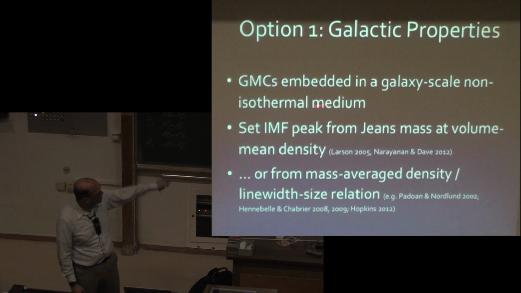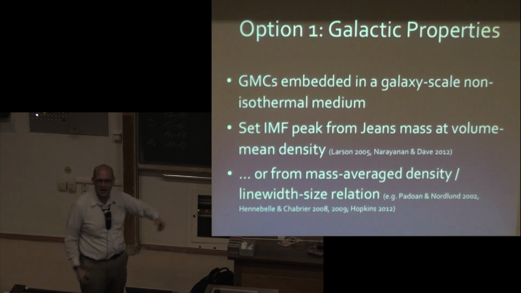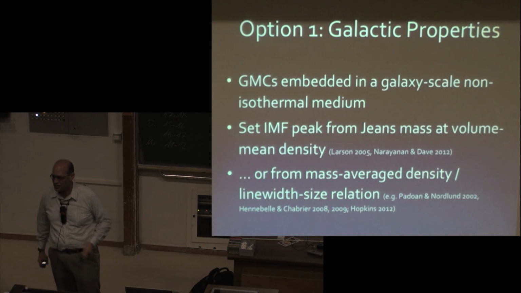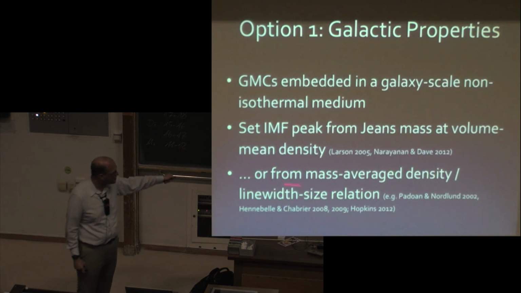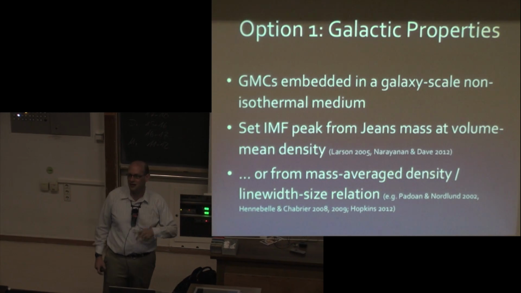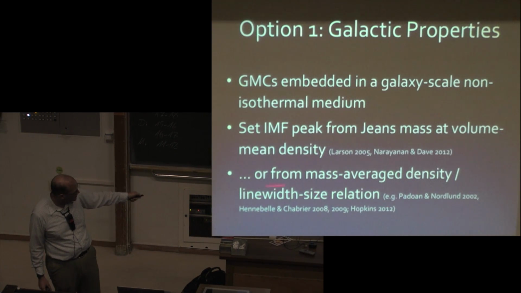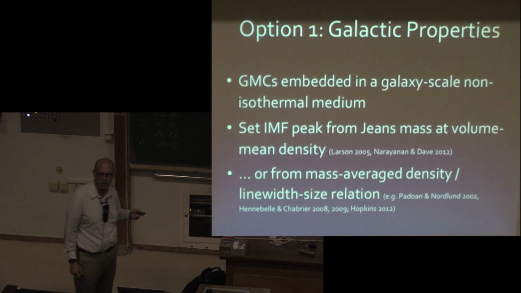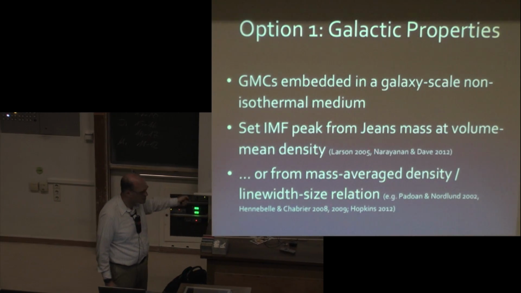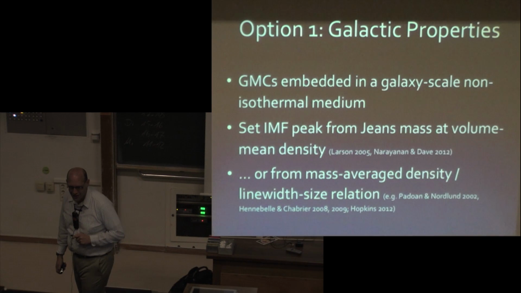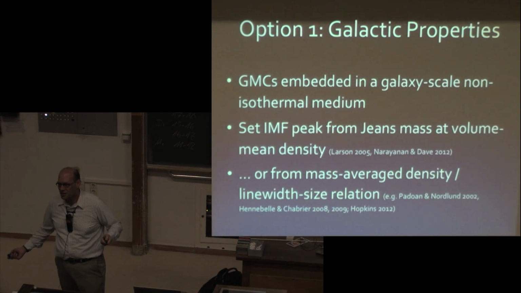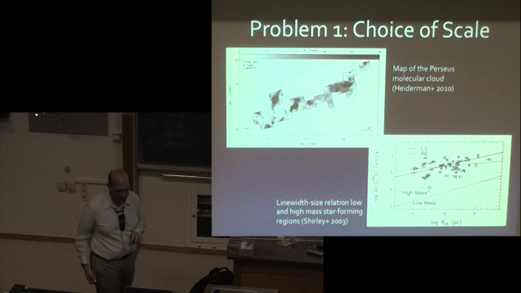I can either use the mean volume density at that outer scale and calculate the Jeans mass that way, or I can compute something like the median density or the mass-averaged density, which, for those in the know, is equivalent to calculating it from the normalization of the linewidth-size relation. Turns out these two are equivalent. So is that a plausible explanation? Is that a plausible story?